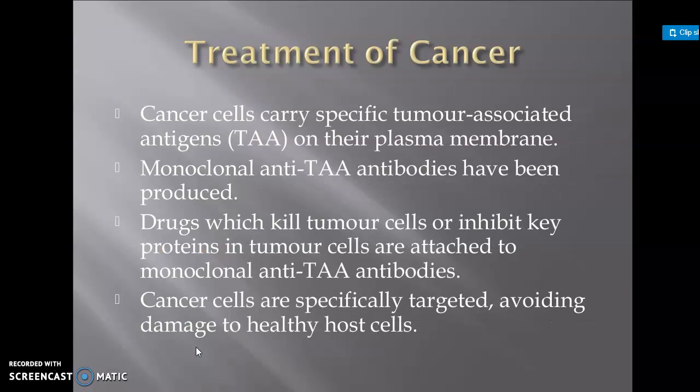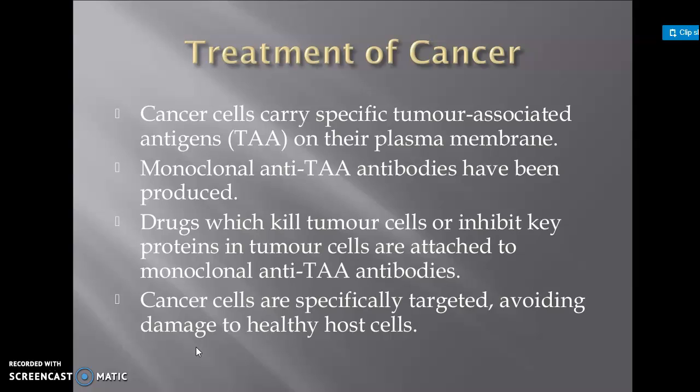Now, the next application of monoclonal antibodies. One is diagnosis, that we have just seen, which is detection. Next, we can see the treatment. Here, these antibodies can also be used for treating cancers. Cancer cells normally have some specific antigen, which I can call tumor associated antigen, and these antigens may be present on the plasma membrane.